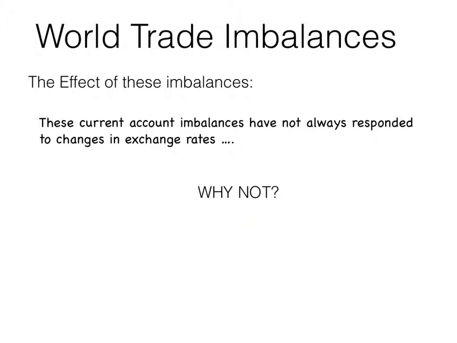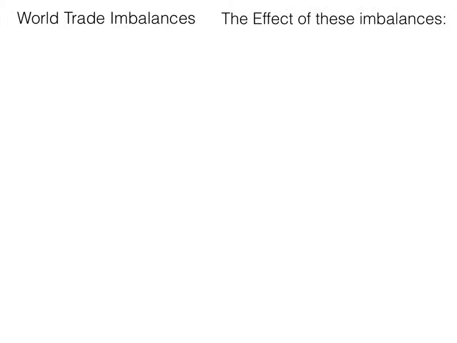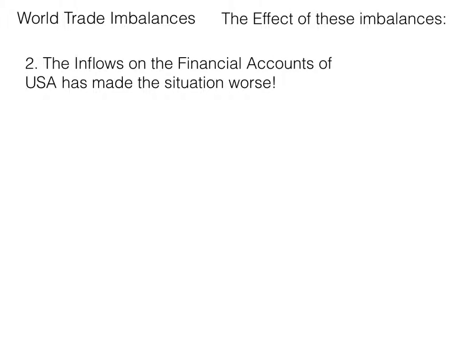And you have to ask yourself, well, why not? So here we're going to look at some of these problems. Basically the first thing that we need to think about is that the inflows on the financial account have really made the situation worse for the USA.